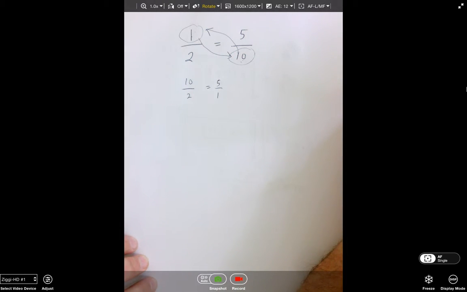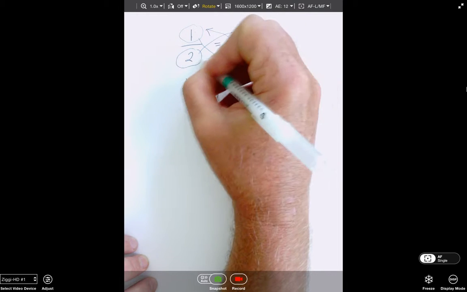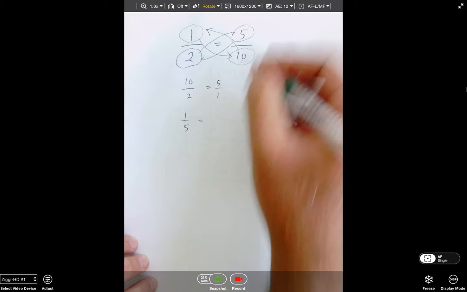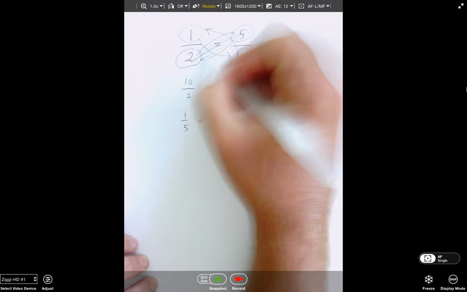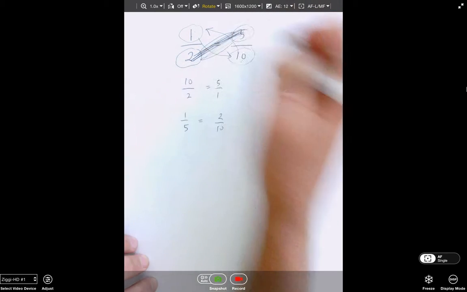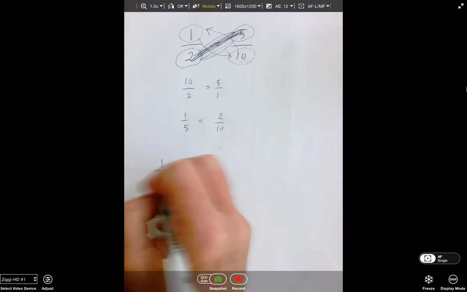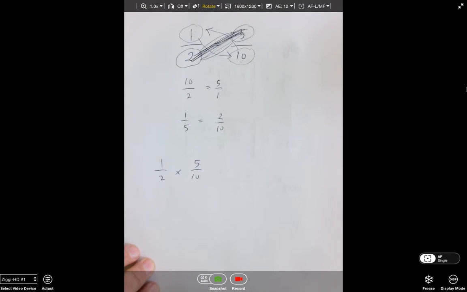And 10 over 2 is still 5 over 1. I can also change these values. So 1 over 5 is the same thing as 2 over 10. I can take things on the diagonal and change their position as long as it's equal to. Now I can't do that if I'm multiplying. I can only do it if I have an equal sign.